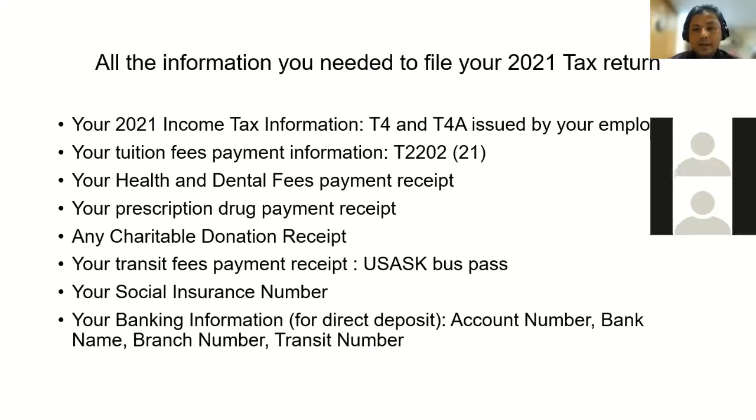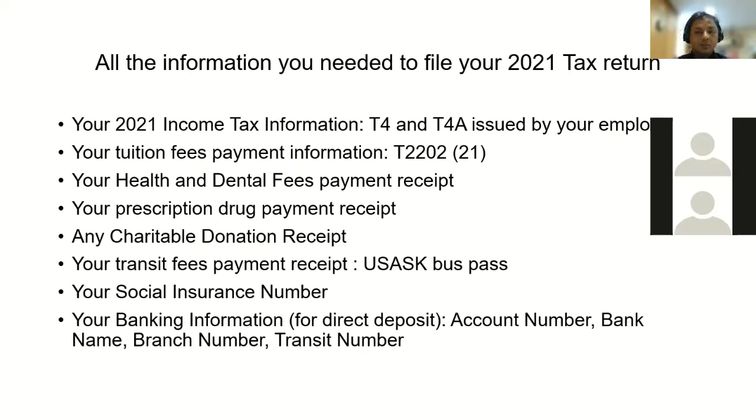So as I said, once you submit the tax return, either you owe some money to the government, or you will get some money from the government. If you are receiving money, there are two ways. If you do not provide your banking information in the submitted tax return, then the government will issue a cheque and send it to you by mail.